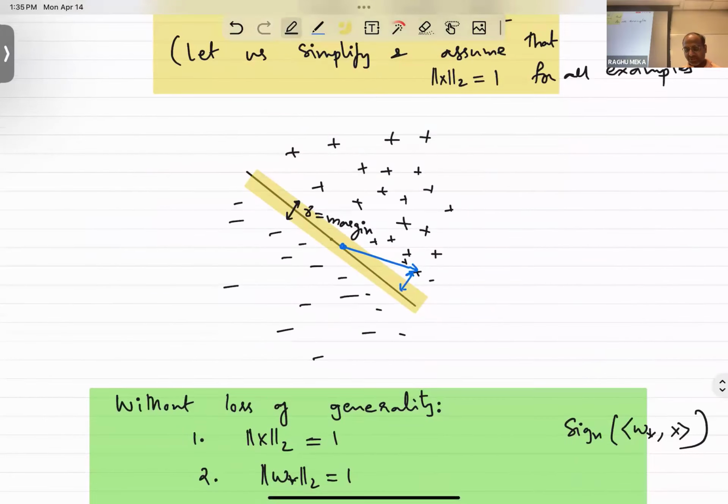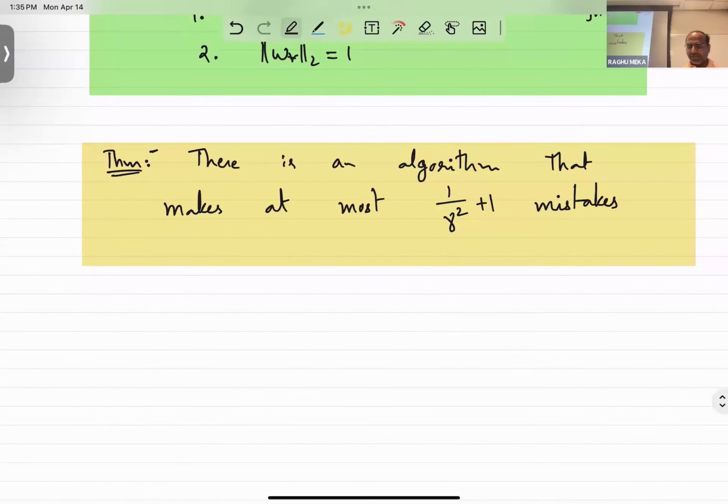Okay, so you have this margin gamma. You might be working in million dimensions, but as long as my margin is some fixed constant, the number of mistakes I make is at most 1 over gamma squared plus 1. So it doesn't depend on the dimension at all. It only depends on the margin that you have. So if I have a good margin, then I'm going to make a fixed number of mistakes, right? So after that, I'm not going to make any more mistakes. That's the algorithm.